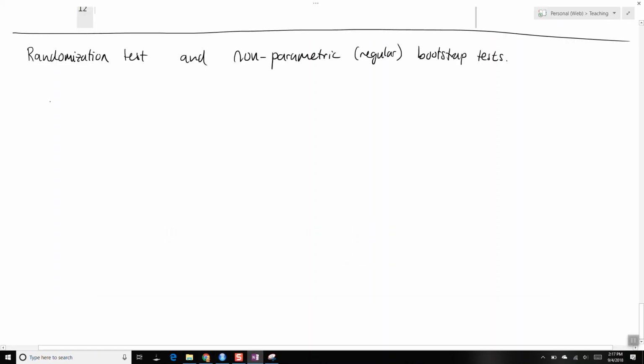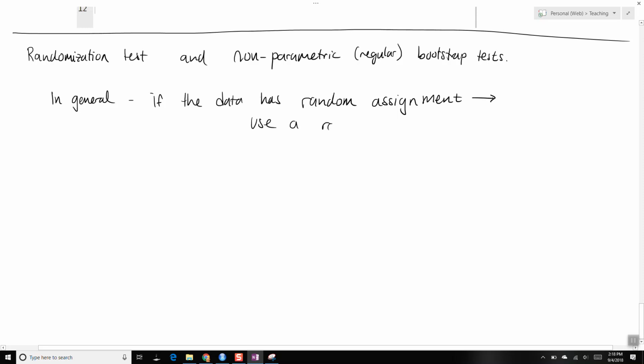Okay, but in general, if the data has random assignment, we'll probably run out of time to cover everything, but random assignment, then use a randomization test.